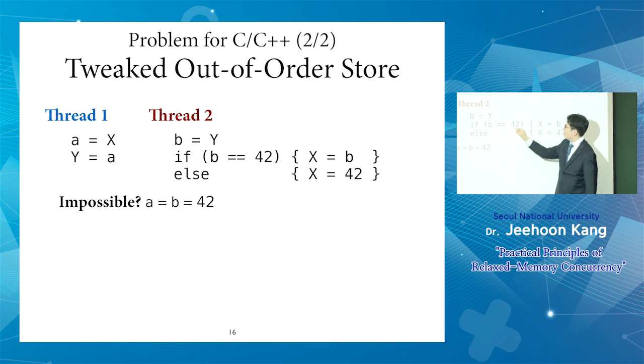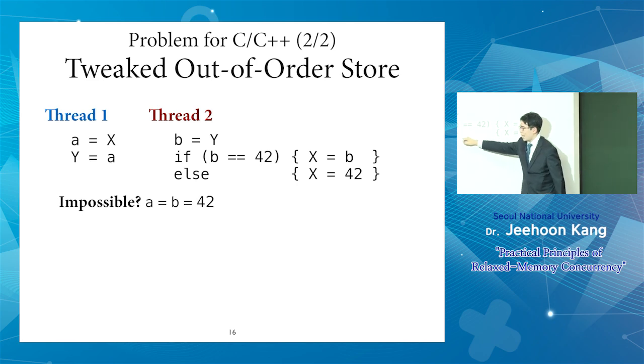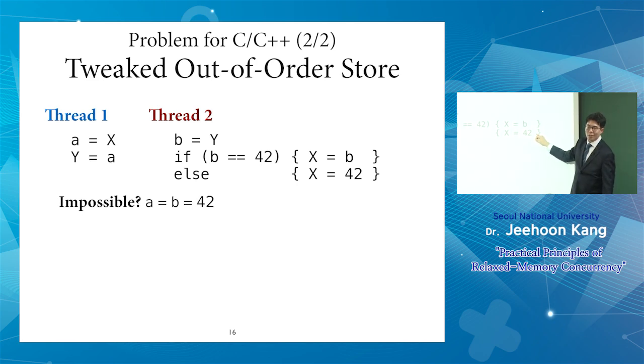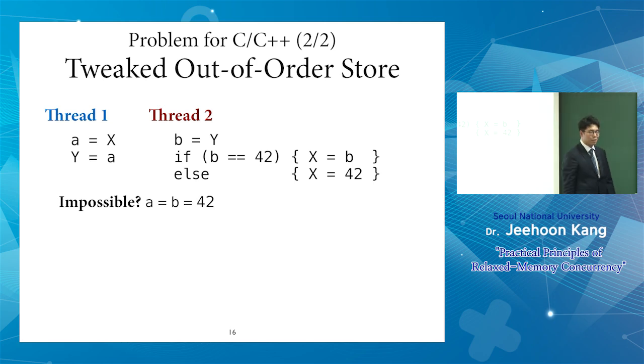And thread 2 is reading from y, and depending on the value of y, you go to the then branch, which is executing the instruction from the out-of-thin-air behavior. Or when it goes to the else branch, it is executing the instruction from the out-of-order store behavior. So the question is the same. Is it possible to observe that A and B are 42 at the same time?